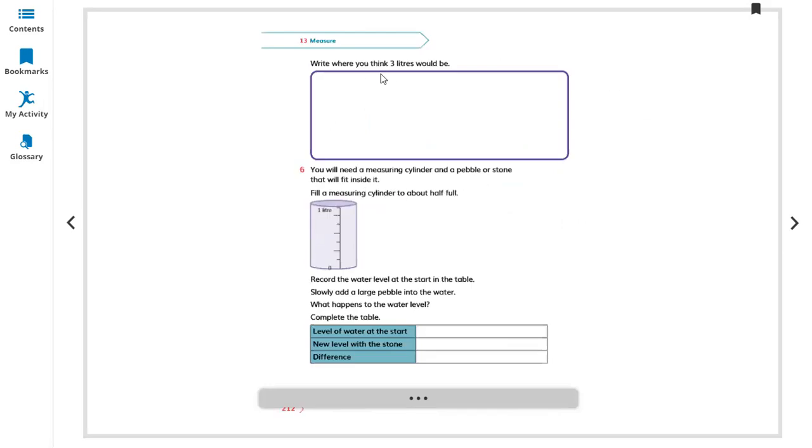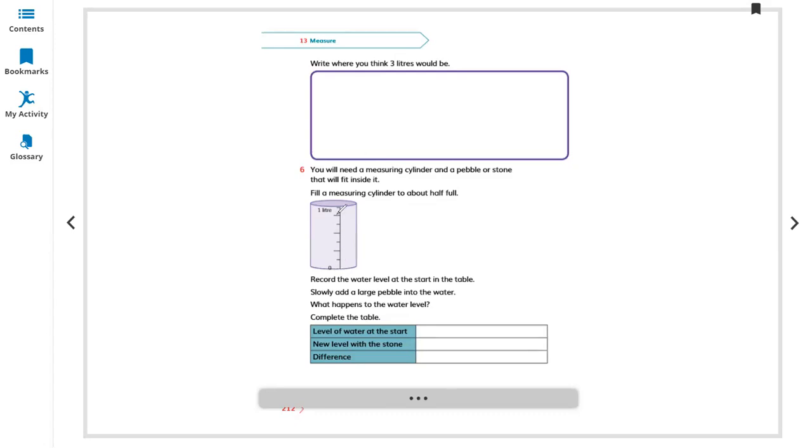Write where you think 3 liter would be. 3 liter, if this is 1 liter, then it's 2 and 3, according to your container. You will need a measuring cylinder and a pebble or stone that will fit inside it. Fill a measuring cylinder to about half full. Half full where?